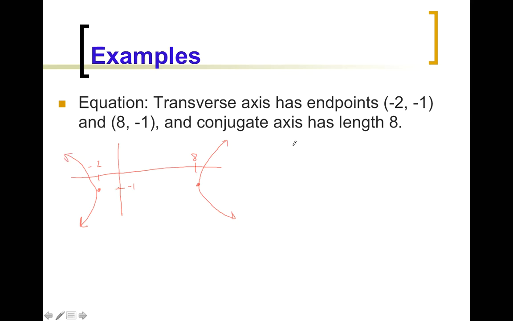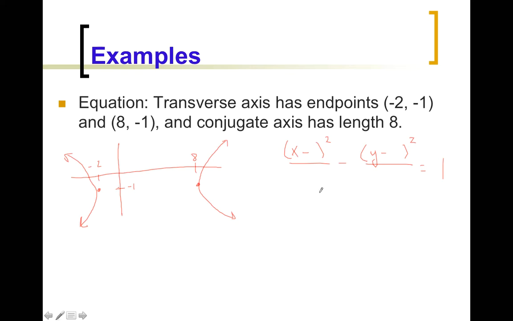What that now tells me is I have (x - h) squared over a squared minus (y - k) squared over b squared equals 1. So now we can kind of try to fill things in. This one doesn't actually require too much.